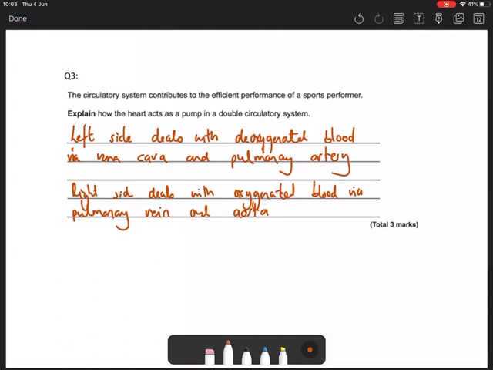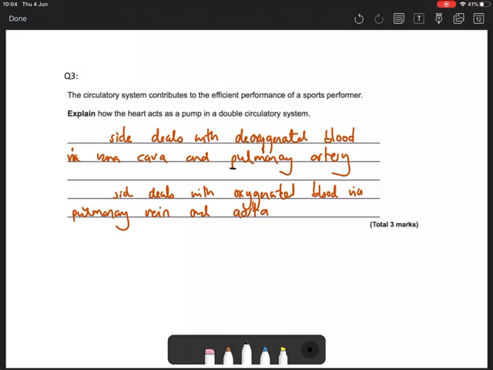And the final question was about the circulatory system, about how it works as a double pump. So we have both sides of the heart. We have the left side and we have the right side of the heart. I put that the wrong way around. So we have one side of the heart that deals with deoxygenated blood, and the blood comes into the heart through the vena cava and it leaves the heart through the pulmonary artery.